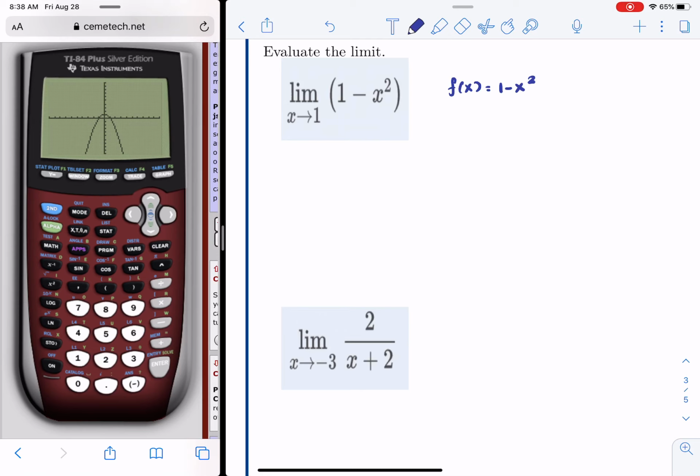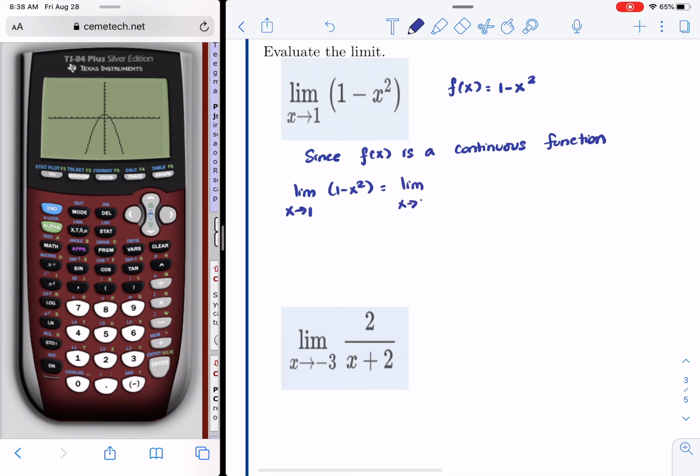So the limit would simply be equal to the value of the function. So we have 1 minus 1 squared, we get 0.